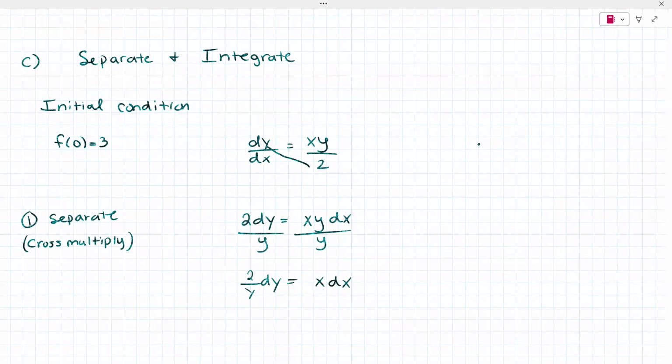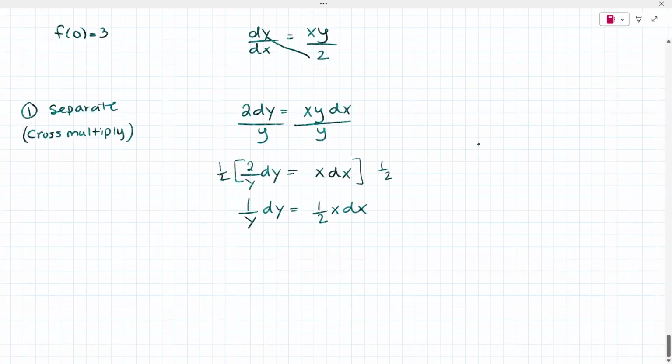Maybe I could just get rid of this 2. I think it'll be easier when I integrate. So how do I get rid of this 2? I'm going to multiply both sides by 1/2, right? The 2's cancel, so you're left with 1 over y dy. And then you have 1/2 times x, so that's 1/2 x dx.